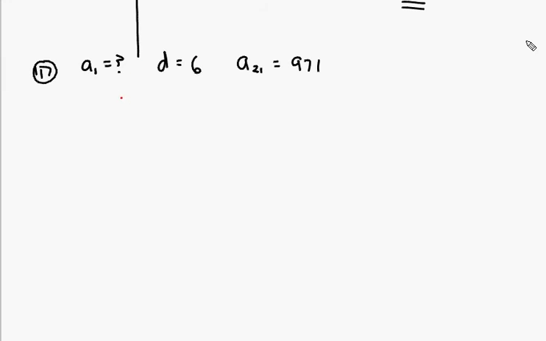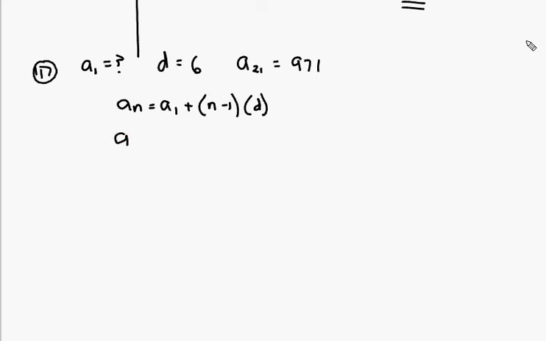Okay? So let's start off with the general formula. A sub n is equal to the value of the first term plus the quantity n minus 1 times the common difference. Okay? Now, we're looking for the value of the first term. We're given the value of the 21st term.